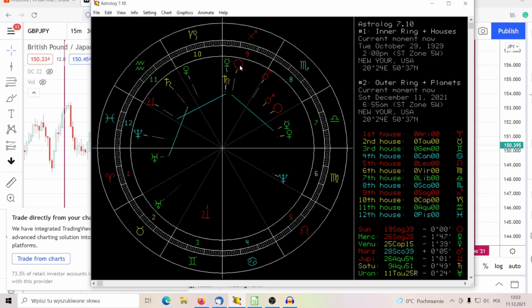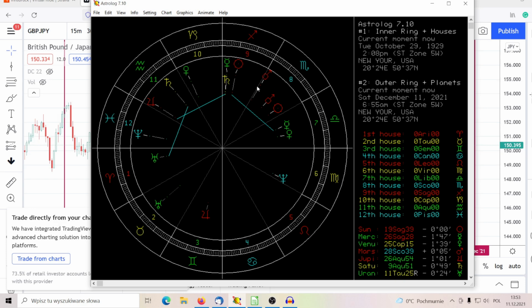It seems so. And look over here, we got Mercury at this position on the outer ring, December 11, and it conjuncts with the Saturn from October 1929. So this conjunction might be helpful.